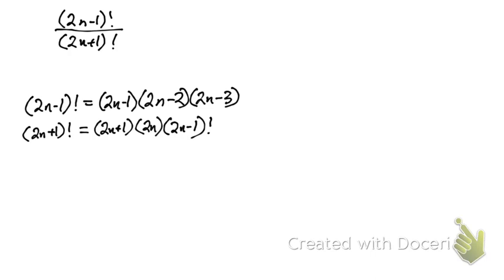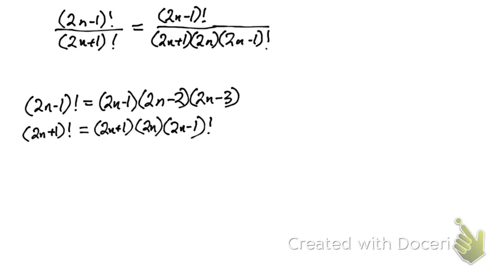And why that's important is because we can rewrite our original equation as 2n minus 1 factorial all over 2n plus 1 times 2n times 2n minus 1 factorial. And our 2n minus 1 factorials will actually cancel out.